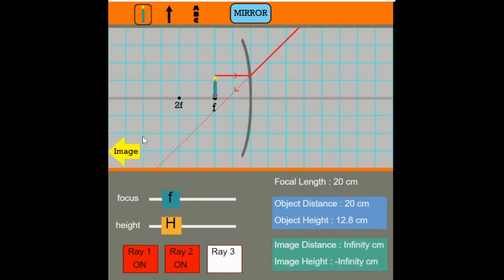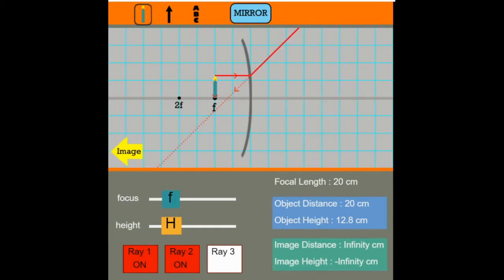So when you place the object on F, the image will be formed at infinity. Here it is showing this as an image. Why? Because we cannot see where the image has been formed. That's why it is showing the symbol like this. That means the image is formed beyond infinity, beyond C, but we cannot see.